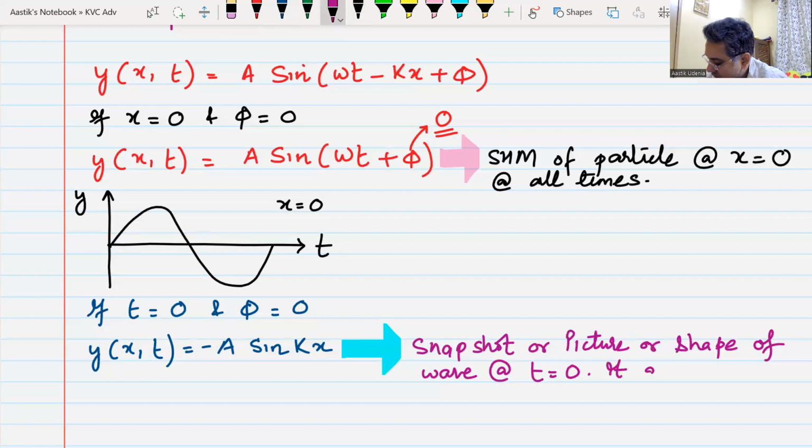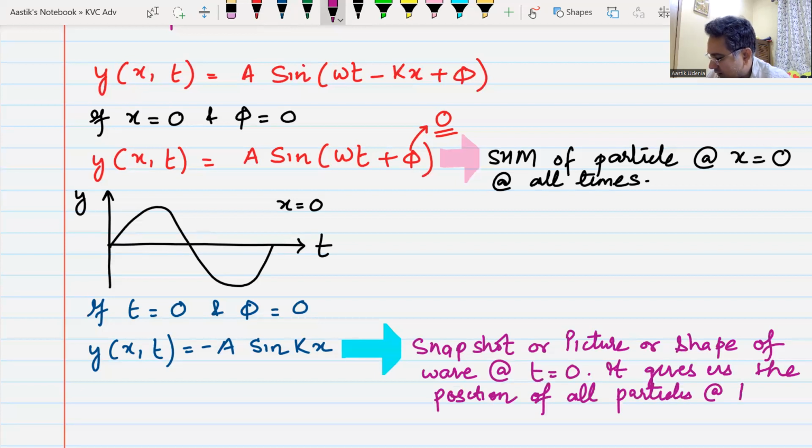It gives us the position of all particles at time t equal to 0. Do we understand this?